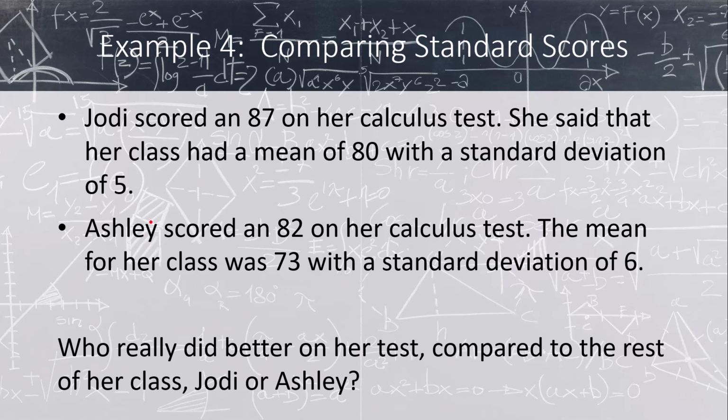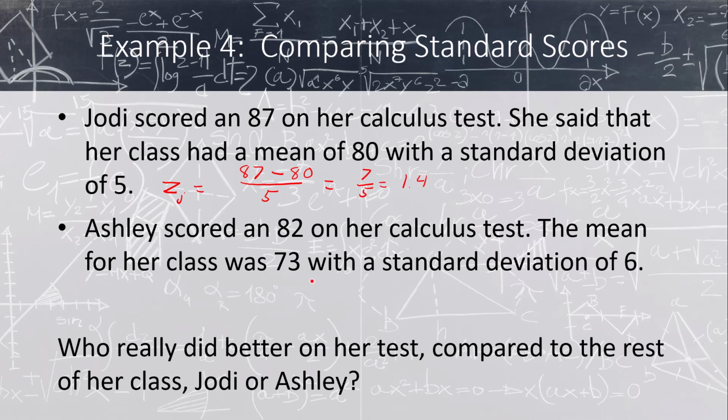Okay, so let's take a look at Jody. The z-score associated with Jody is going to be equal to her score, 87, minus the class mean, which is 80, divided by the class standard deviation, which is 5. And that is going to give us 7 divided by 5, which if you knock that out in your calculator is 1.4.